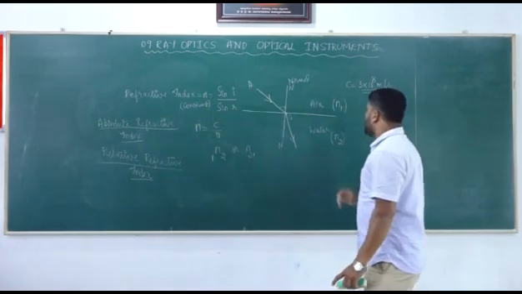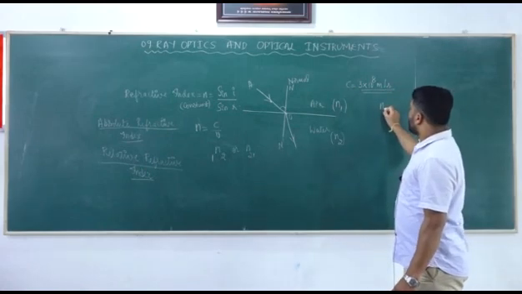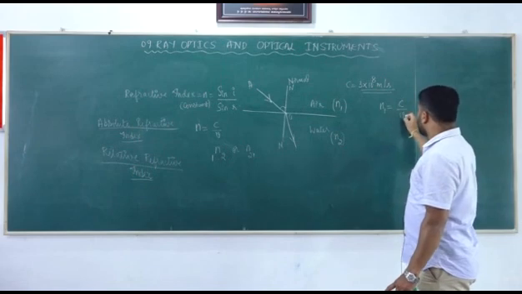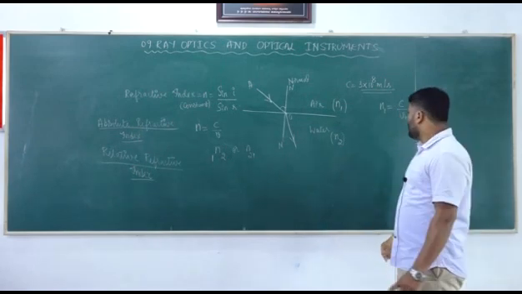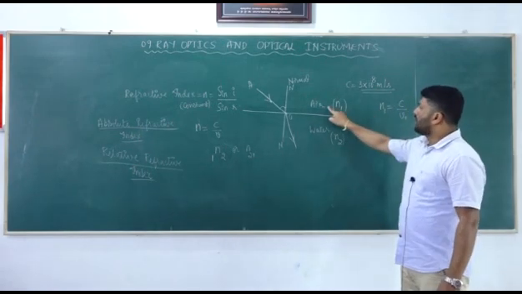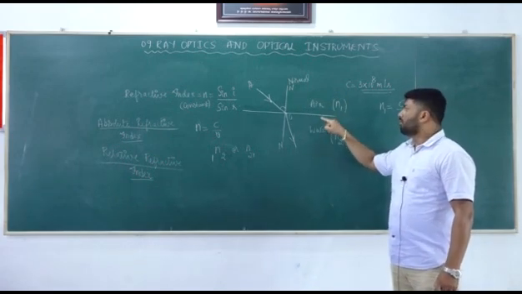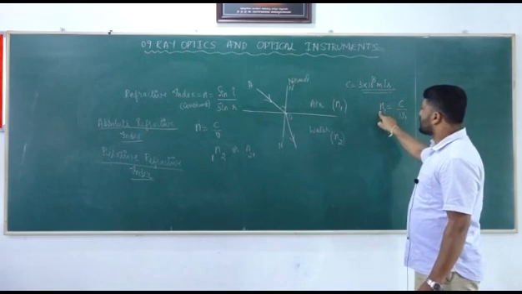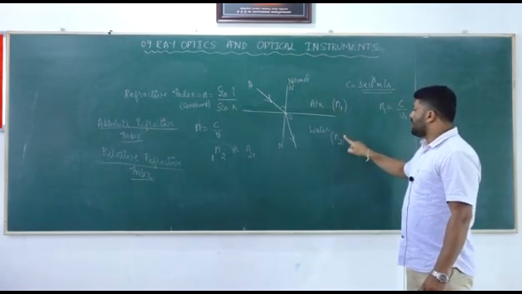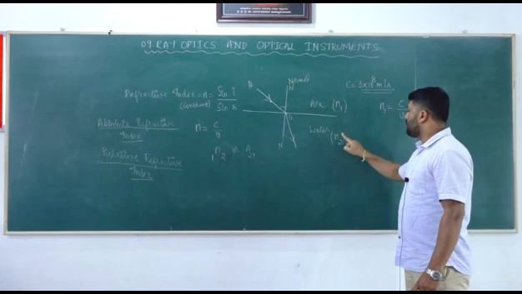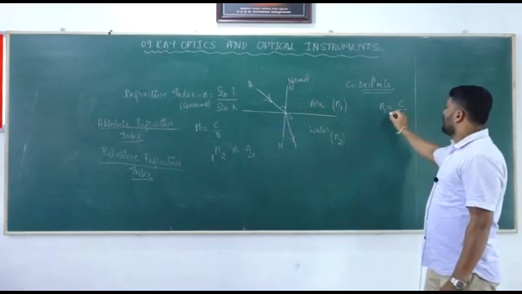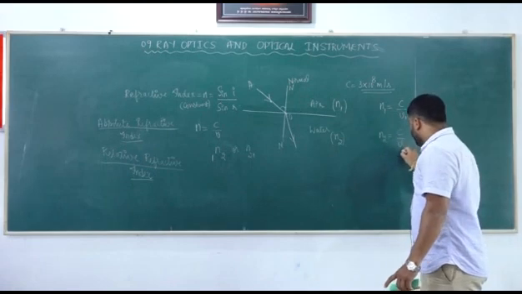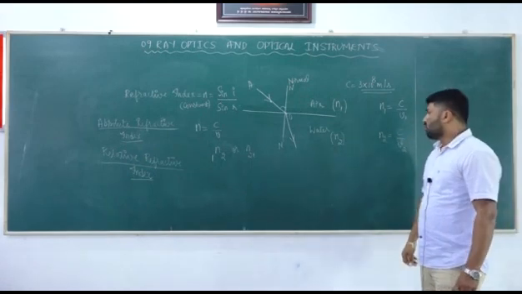Here, with two mediums, n1 is equal to c by v1, where n1 is the absolute refractive index of the first medium, and n2 is the absolute refractive index of the second medium. n2 becomes c by v2.